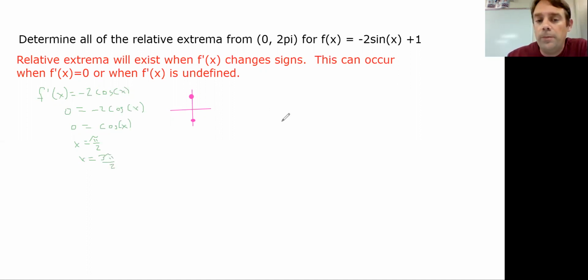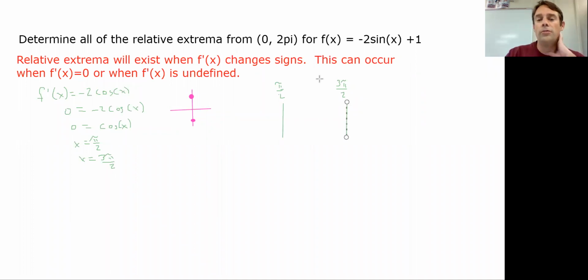Okay, so we got our values. Now we're going to go ahead and test them. We're going to test from 0 to pi over 2, then pi over 2 to 3 pi over 2. So we're going to pick numbers in between there.